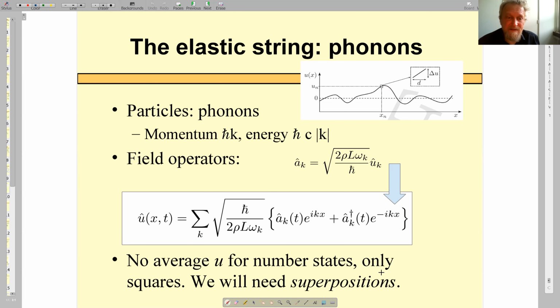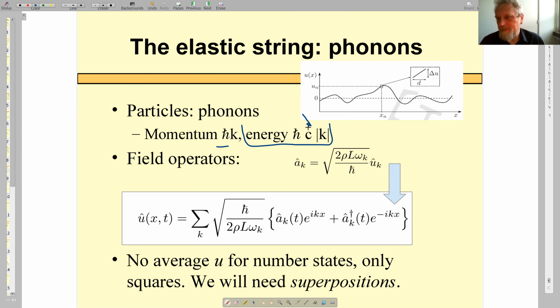We look at oscillators, and we understand that now they represent particles with a certain momentum related to the wave vector, with a certain energy. So here c is the velocity of these particles, the speed of waves propagating in this string.